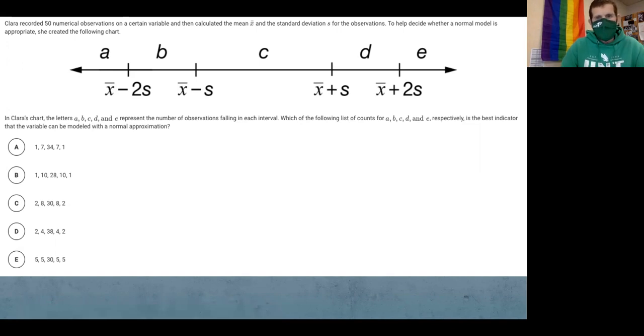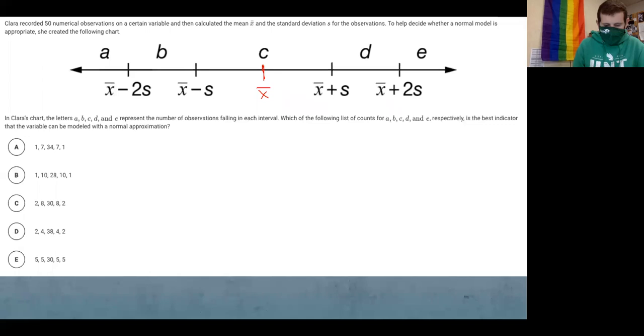This is one that's worth spending a little bit more time on. So we've got a normal distribution, and we want to figure out if there are 50 observations in this data set, how many would we expect, if they're normally distributed, to fall in the range A, B, C, and D? Now, what's not being shown here is that the sample mean's right in the middle. Of course, you already know that.